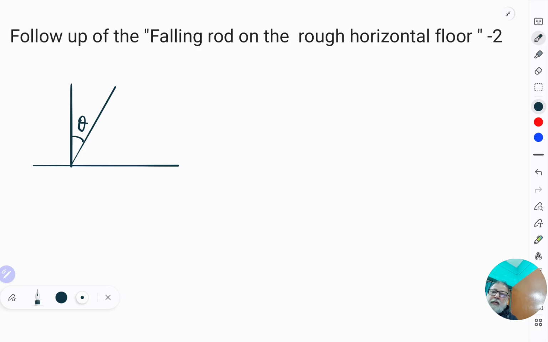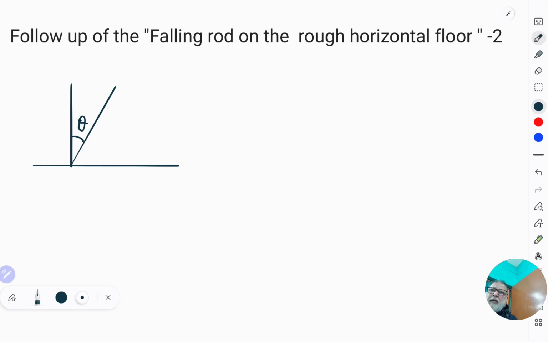anywhere during fall, where theta varies from 0 to 90, the normal reaction N must exist, must be greater than 0 at every point. If normal reaction becomes 0 at a point, then obviously it is no longer in contact with the floor and the friction will not come into play.